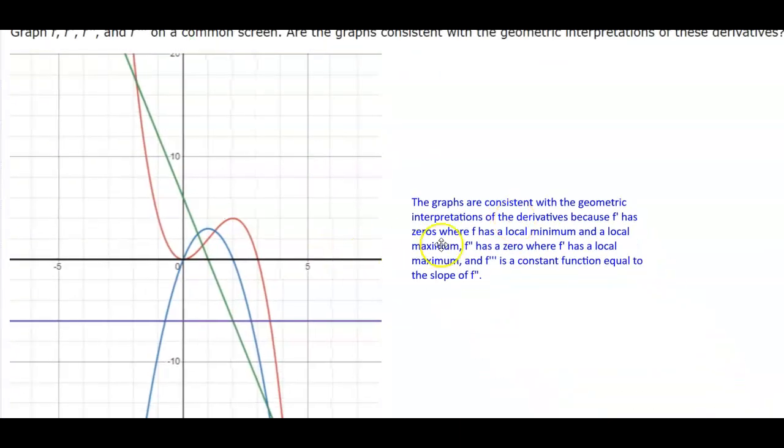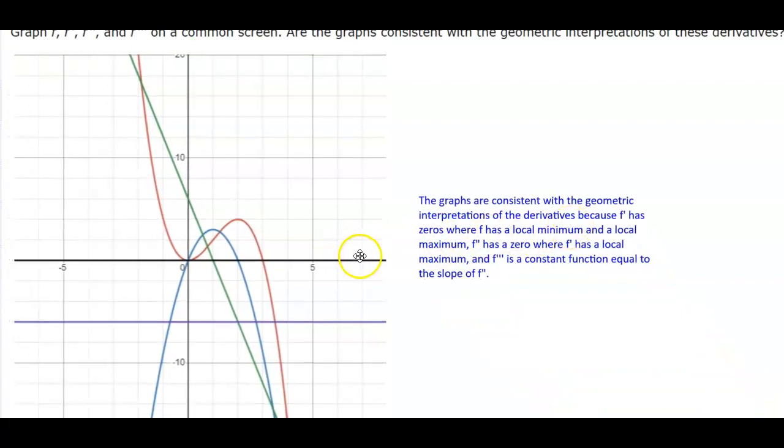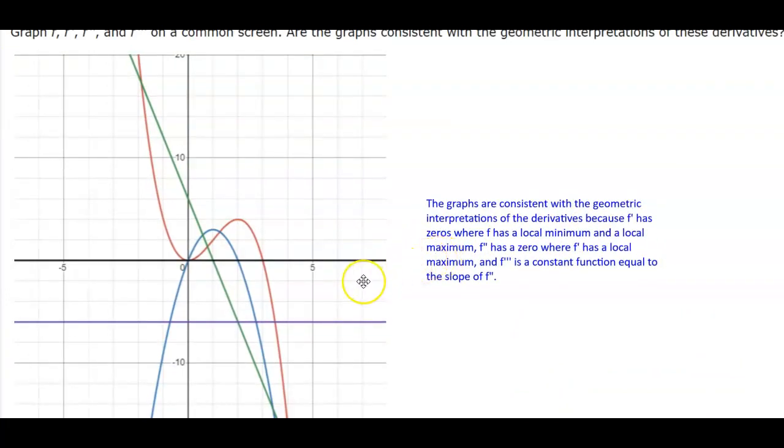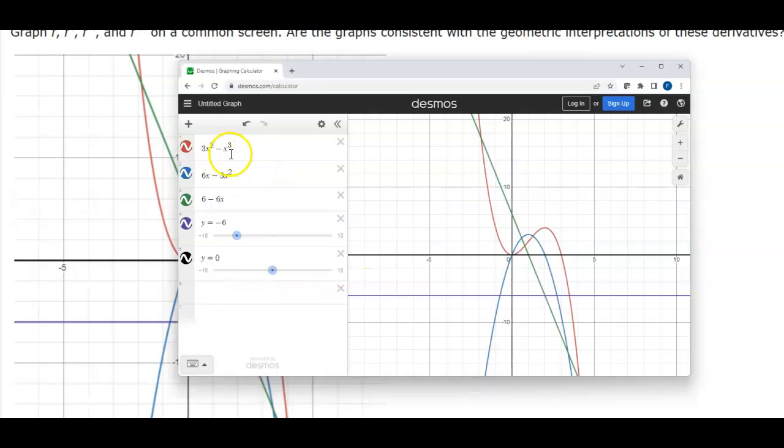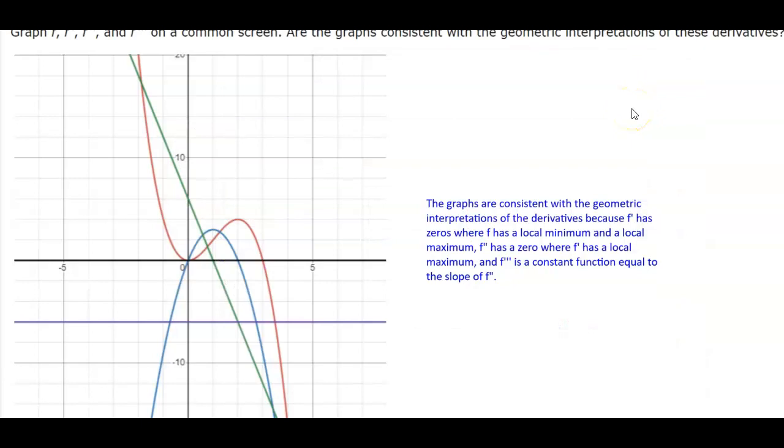Okay, you can see here the graphs are consistent with the geometric interpretations of the derivative. What I mean by that is the first derivative was 6x minus 3x squared, which is the one in red. If we take a look at their horizontal tangents, there's one at 0 and then there's another one. So that gives you those x-intercepts.